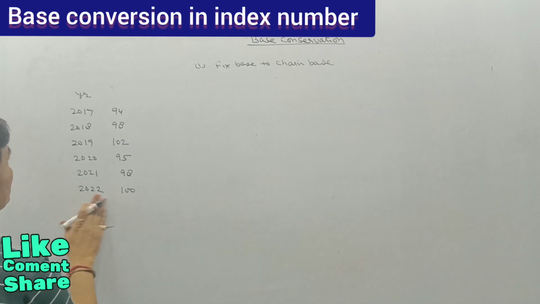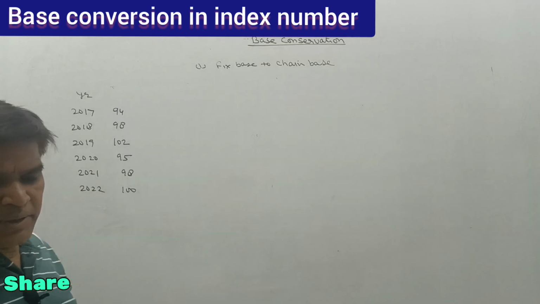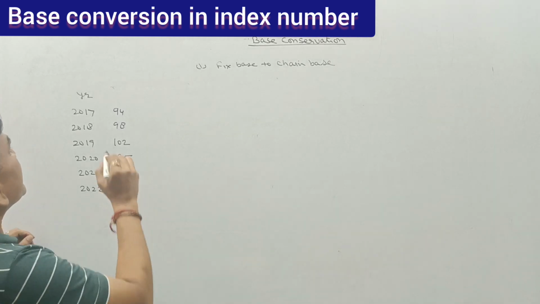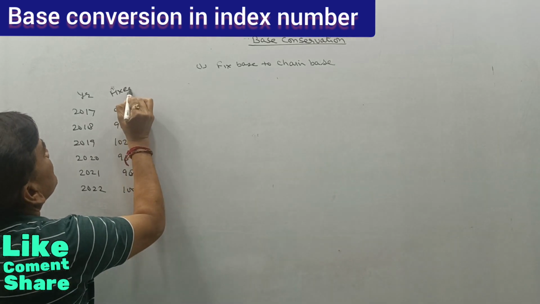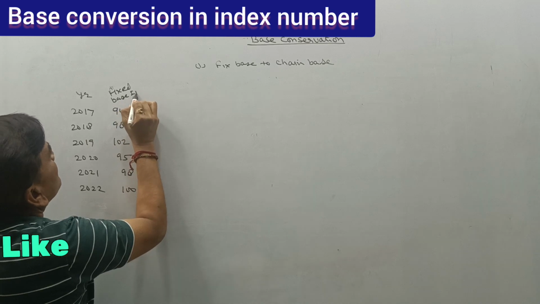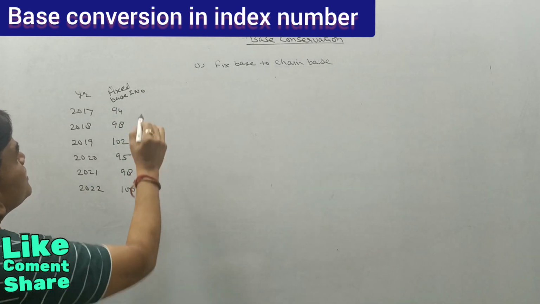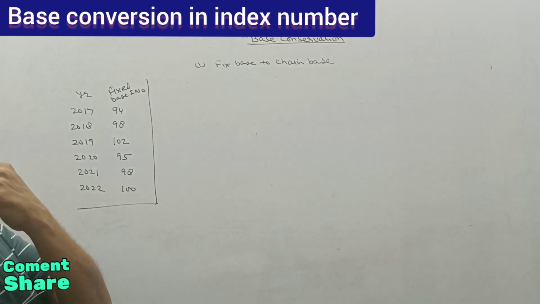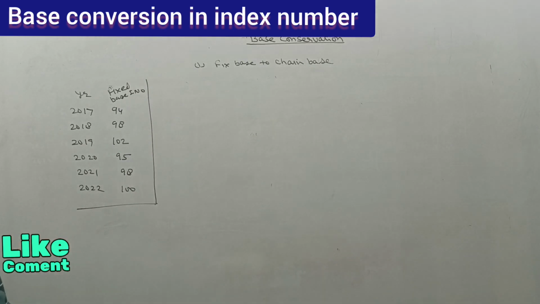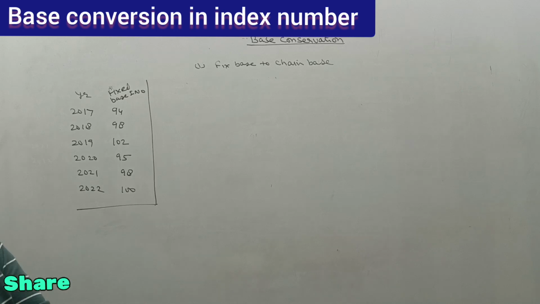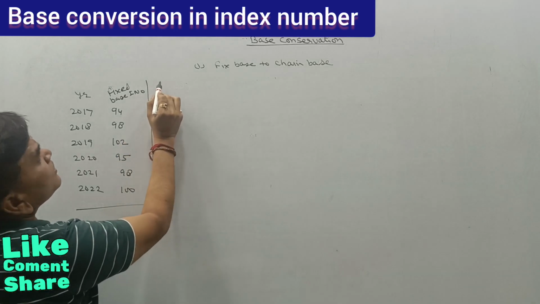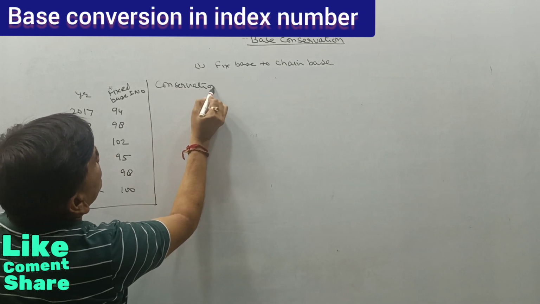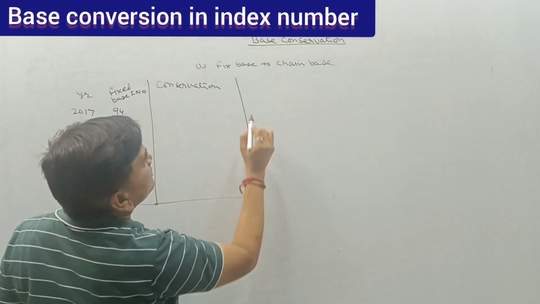The data for 2017 to 2022 is given. That is the fixed base index number. We change it to the chain base index number through conversion.